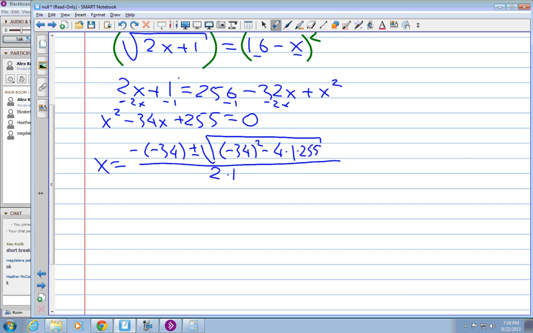Right, the quadratic formula. So negative of negative is positive. So 34 plus or minus the square root, and you're going to need a calculator on this one.